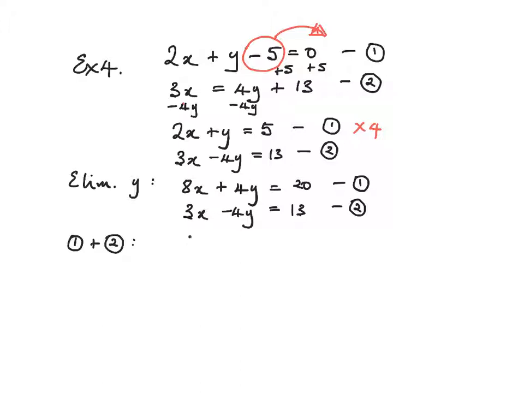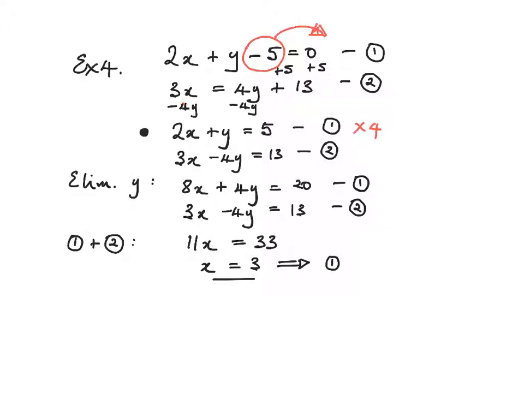8x plus 3x is 11x. 4y plus minus 4y is 0. 20 plus 13 is 33. Divide by 11 and we get x equals 3. Substitute that back into equation, well, which equation will I use? I think I'll use this equation here. Into equation 1 then.